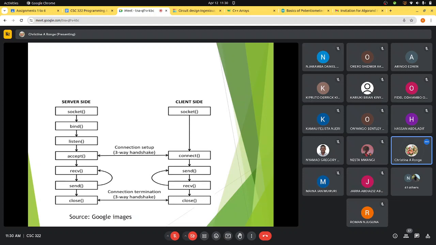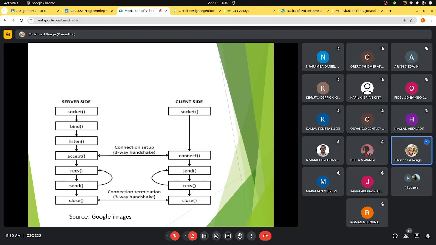So really what we have is a four-way handshake. The connection termination phase uses a four-way handshake with each side of the connection terminating independently. Now, when an endpoint wishes to stop its half of the connection, it transmits a FIN packet to the other end, which the other end acknowledges with an ACK.